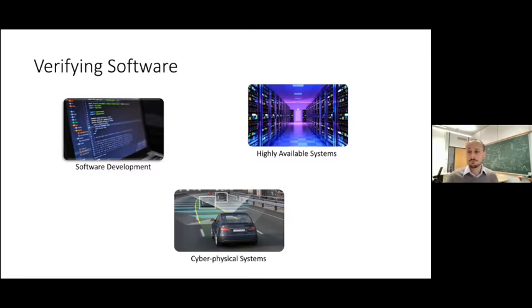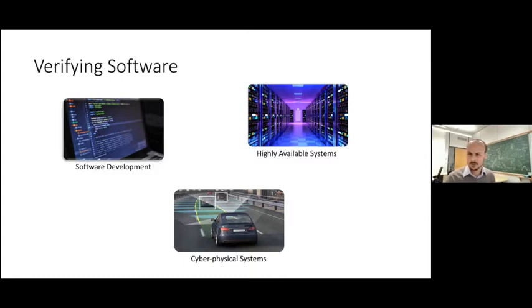Physics is surely quantitative, at least modeled as a continuous system. So another aspect of verifying software is not only probabilities, but also software interacting with continuous systems. And the question is, how do we make sure that software, when it interacts with these diverse environments, is correct?